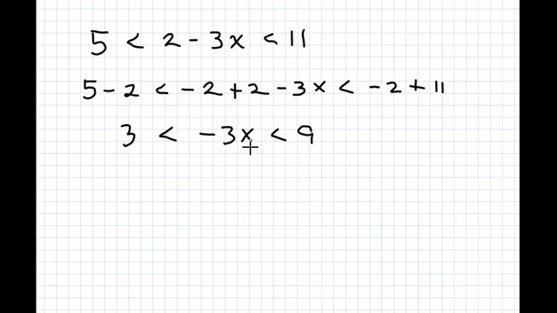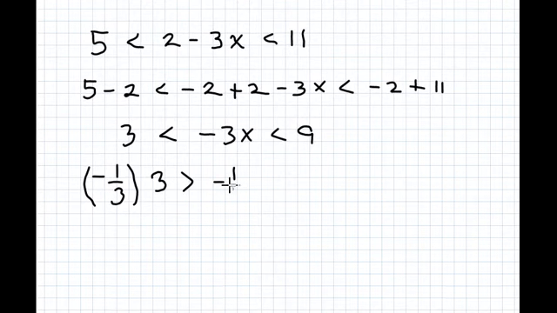Now we have a negative 3x in here. So I'm going to multiply through by its reciprocal, so negative 1/3. Now remember, we're multiplying through by a negative. So you have to remember that this inequality here is going to be flipped. So we got to keep that in mind.